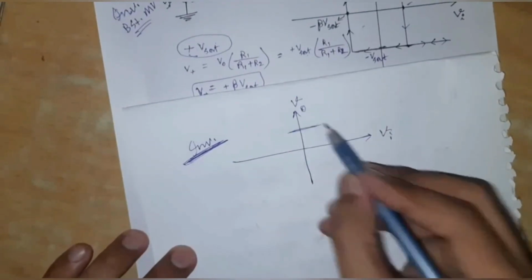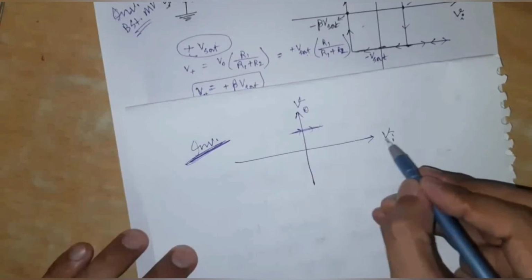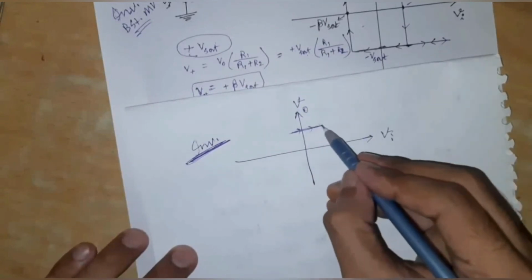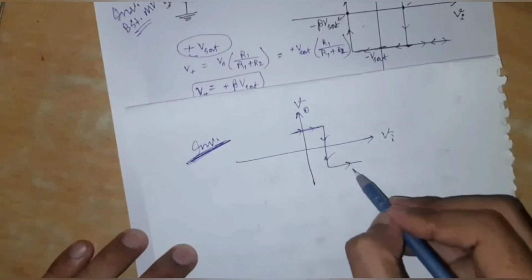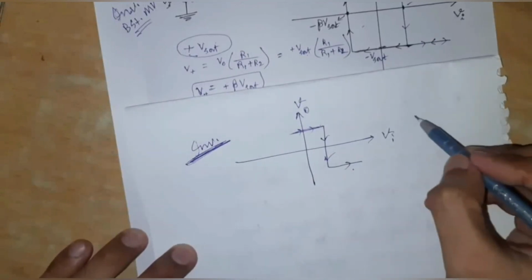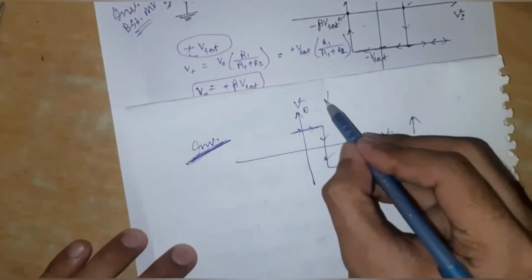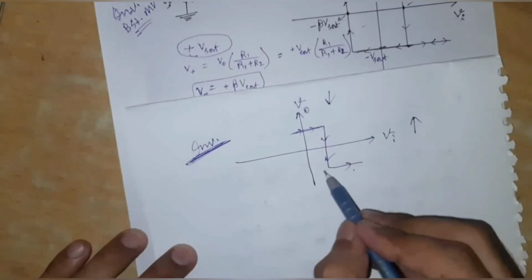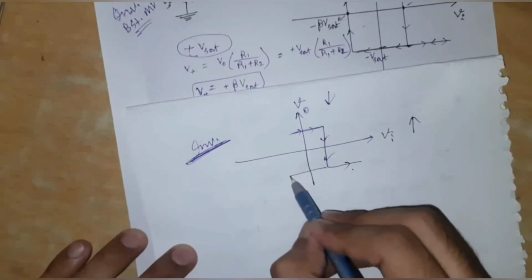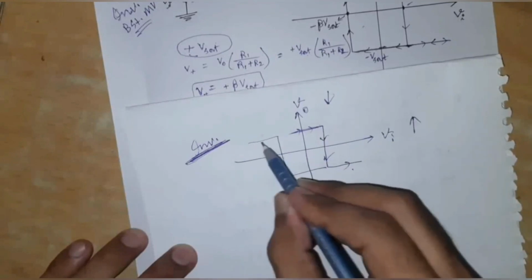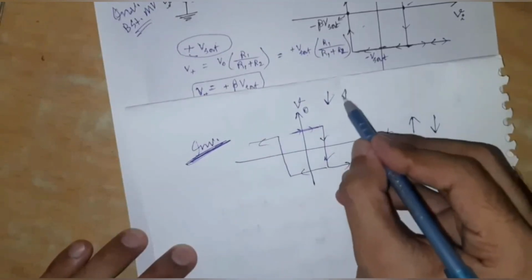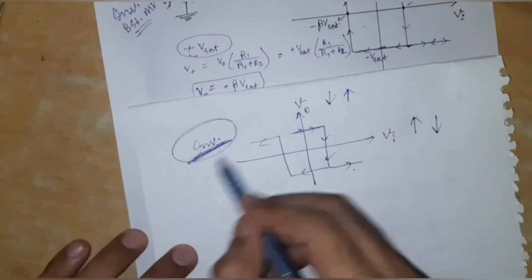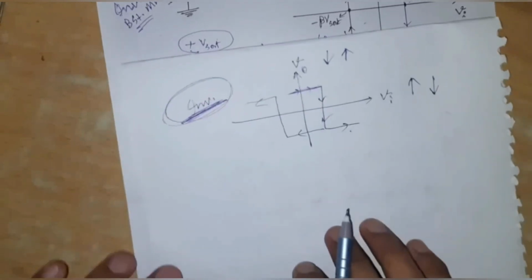When it is at plus Vsat, and we are increasing this input signal, the output decreases to minus Vsat. So you see, V input increases, V out decreases, and when we decrease V input, V output increases. So that's why the word inverting. So you can easily remember it this way.